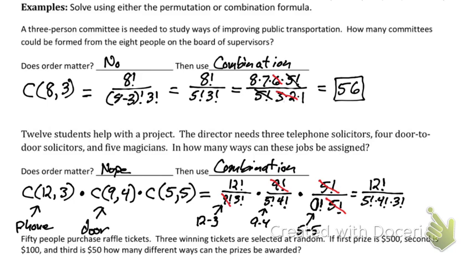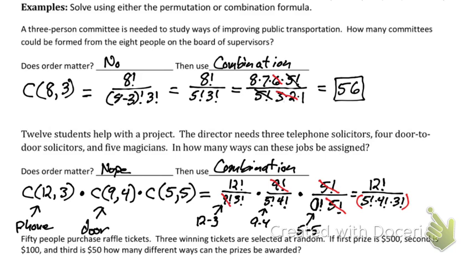It makes it a lot easier to plug into your calculator because you don't have to worry about parentheses as much, but you still have to put your bottom ones in parentheses. Put your 5 factorial times 4 factorial times 3 factorial in parentheses, so make sure you have parentheses around your denominator.